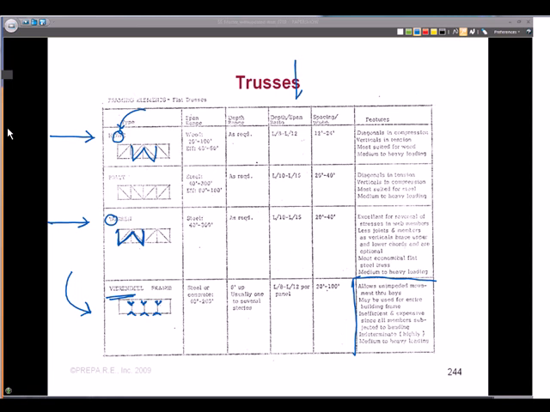But let's look at these span to depth ratios, and you'll find these in the Architect Studio Companion as well as other general structurals books. So you went L over 8 to L over 12. So if we did L over 12, 180 divided by 12, still puts you at 15 feet, right?